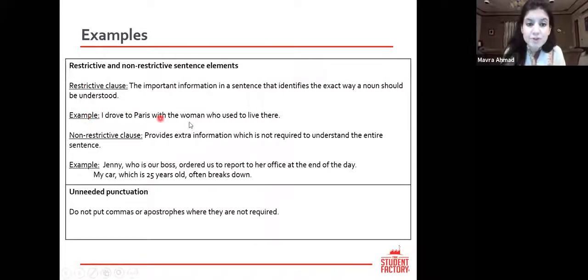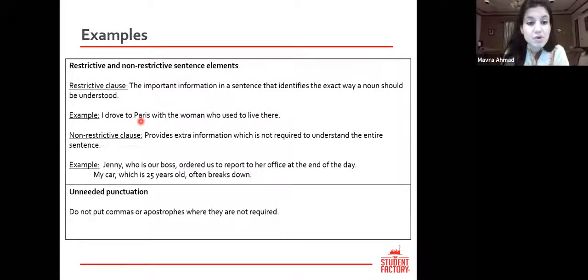Example: I drove to Paris with the women who used to live there. अब यहाँ पर हमारे पास I drove to Paris with the women who used to live there. ये information important है, with the women who used to live there, right? So this sentence has all the important information, which is why we cannot say कि with the women who used to live there is a non-restrictive or a non-essential sentence element. It is important for us to understand कि वो drive करके Paris गया किसके साथ, और अगर with the women, so who was that women, right?